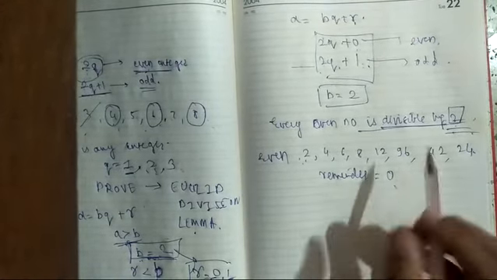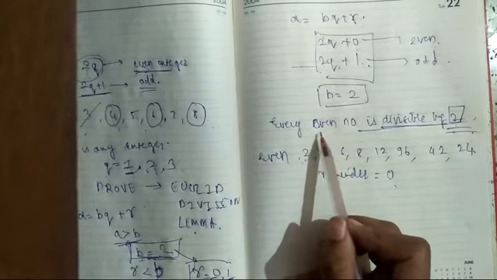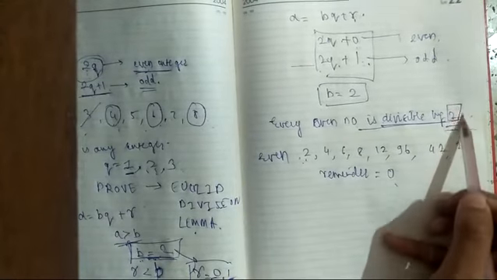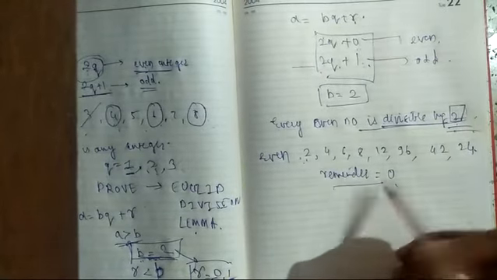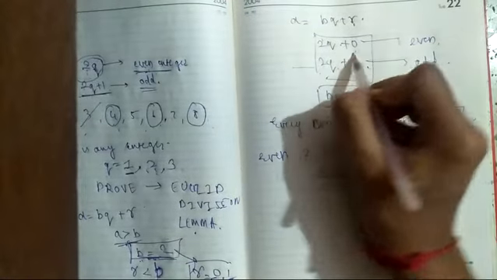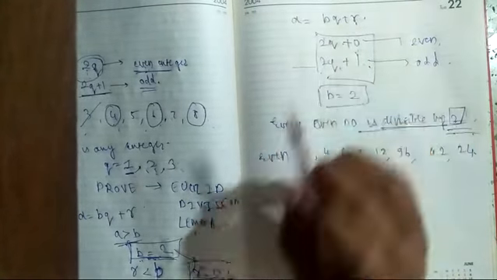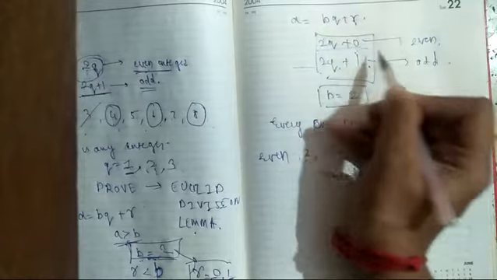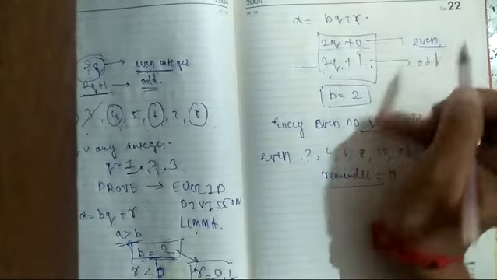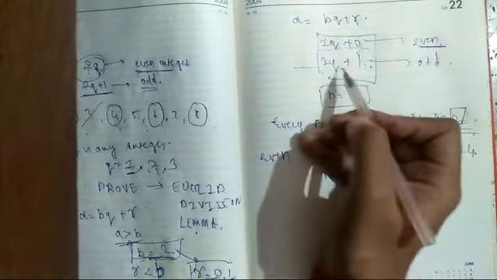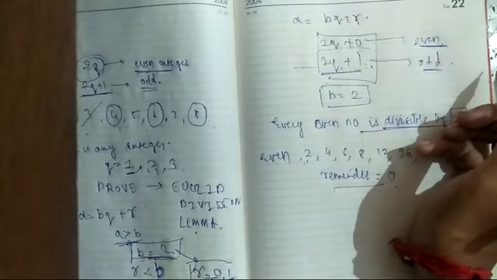So every time we divide an even number by 2, the remainder is 0. Here we can see that r is 0. Therefore we can say this equation is for even numbers, and this equation is for odd numbers.